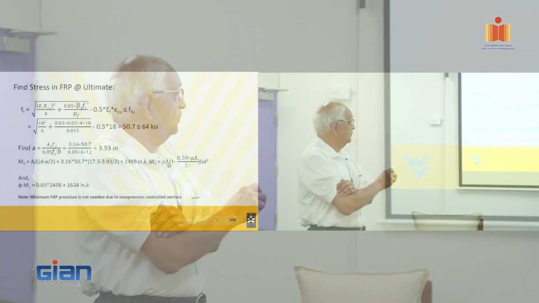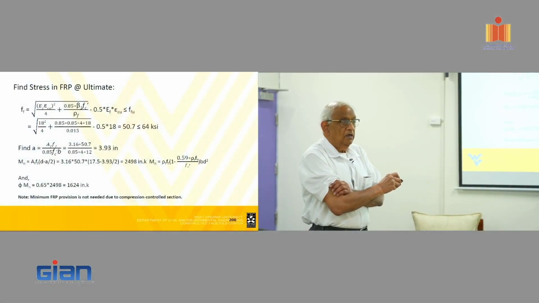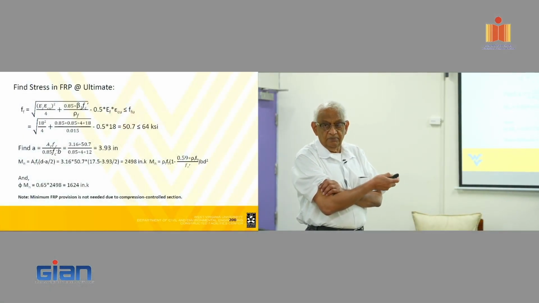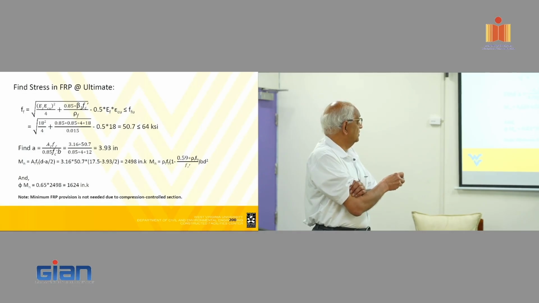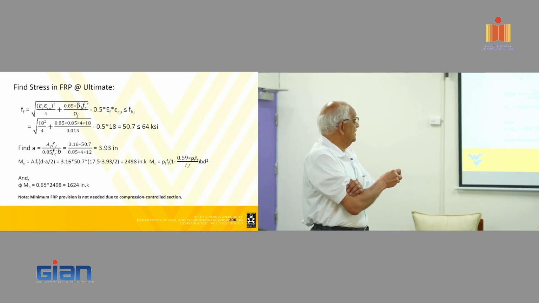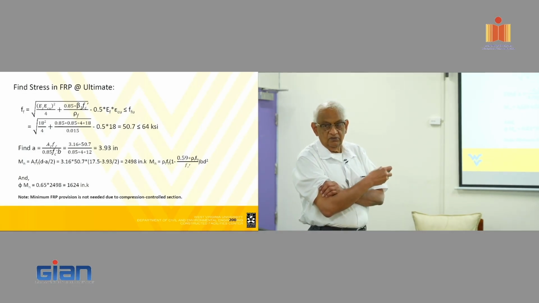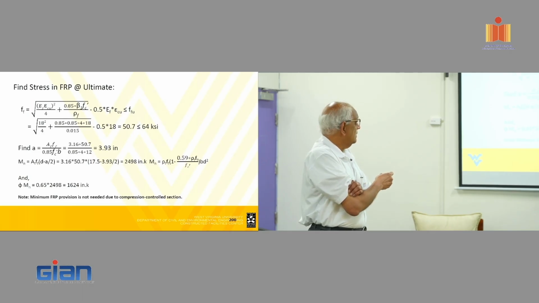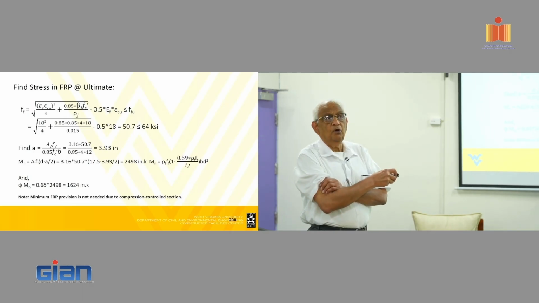Okay, so once you understand that the A comes from the equilibrium, it doesn't matter whether the nominal value is obtained with a force function from the tension side or the compression side, because they are both equal. So it makes no difference. So this is the nominal moment, we call it.